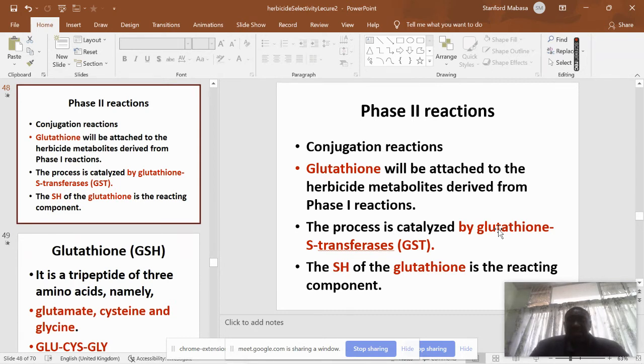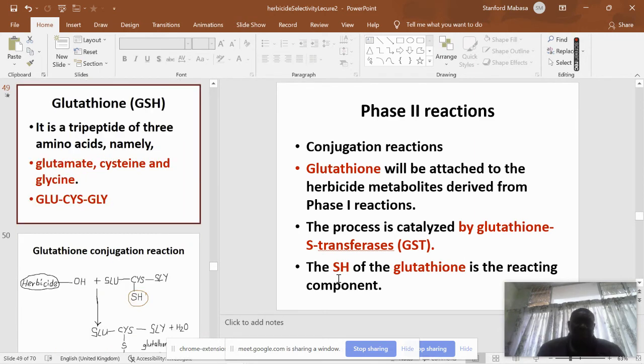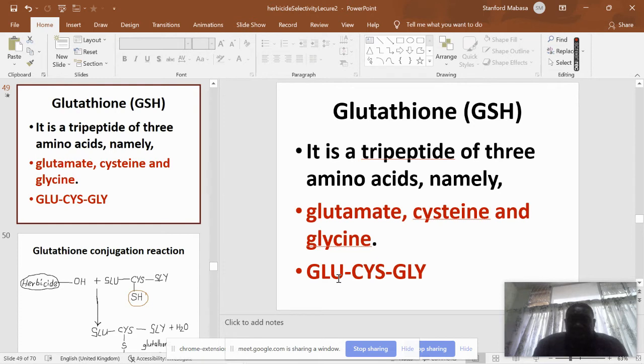Now, the enzyme here in phase 2, which works in conjunction with the glutathione activity, is known as glutathione S transferase, GST. What is reactive on glutathione is known as the SH component. So glutathione is a cleaning substance.